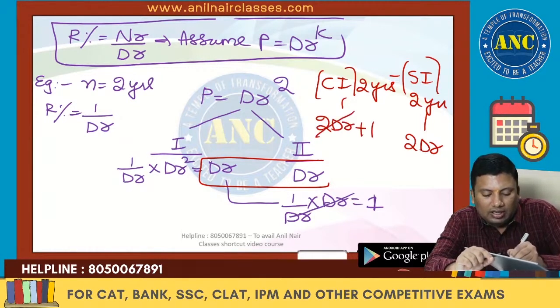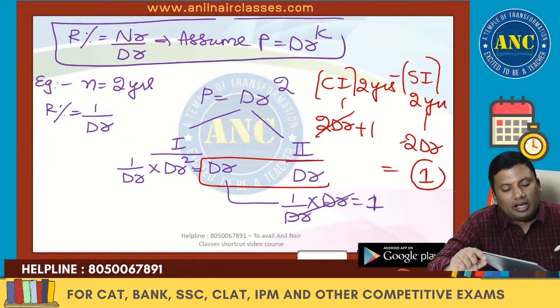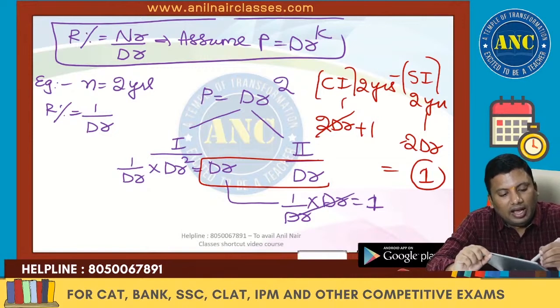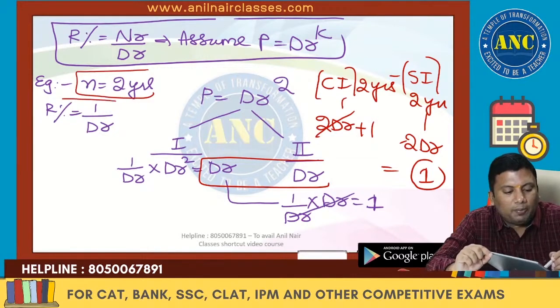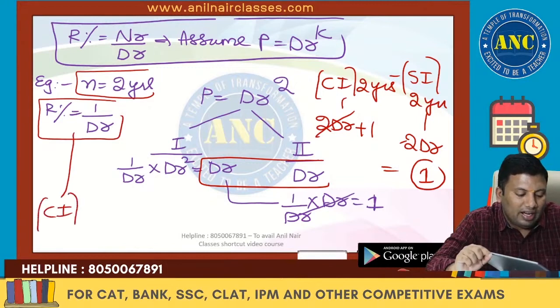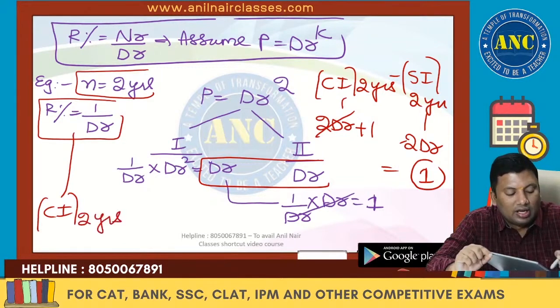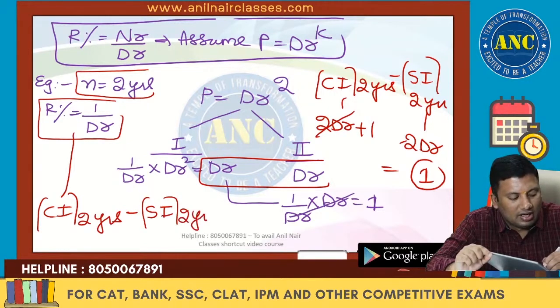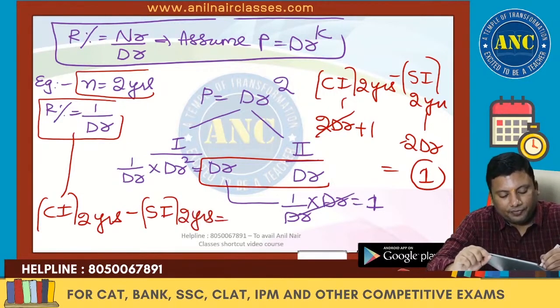These cancelled, these cancelled. What is the answer? 1. Please make a note of it. If n is 2 years and R percentage is of the form 1 by dr, very important conclusion: CI for 2 years minus SI for 2 years is nothing but 1.